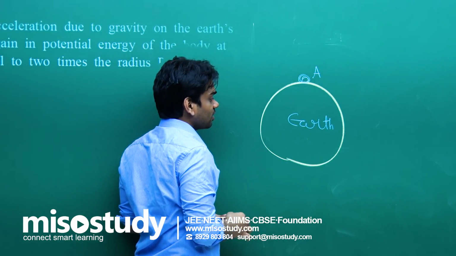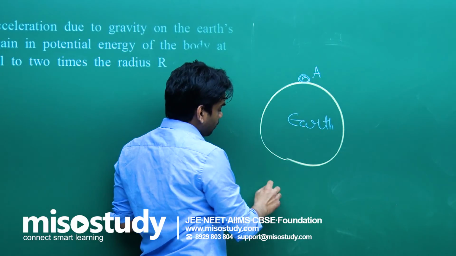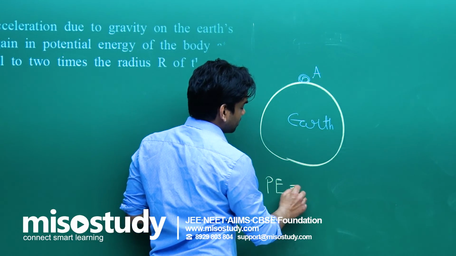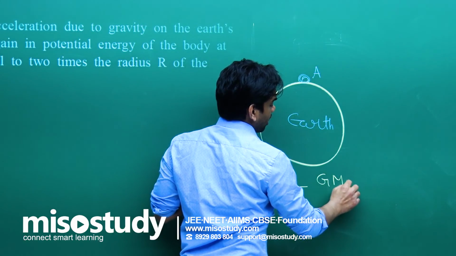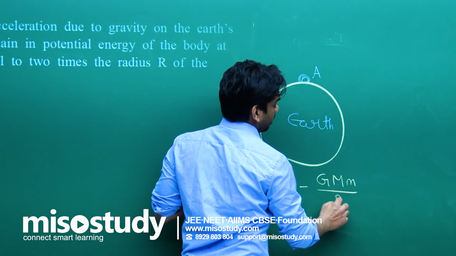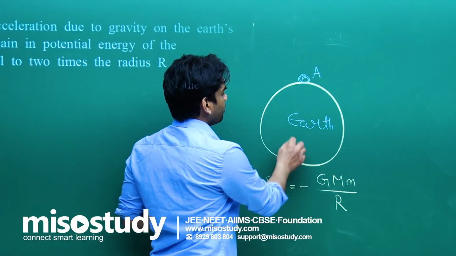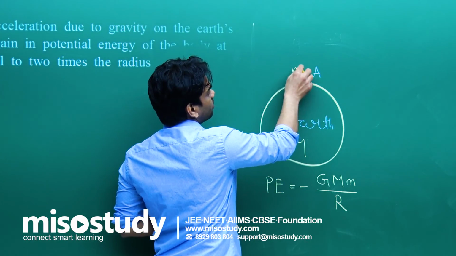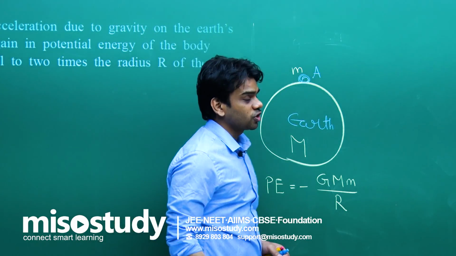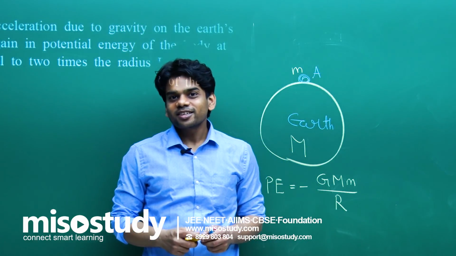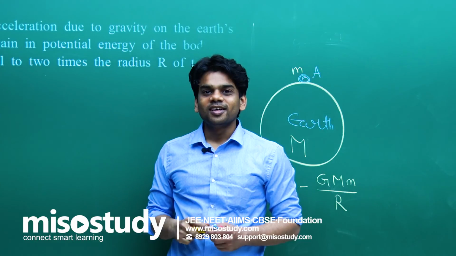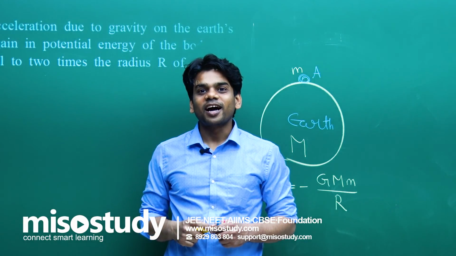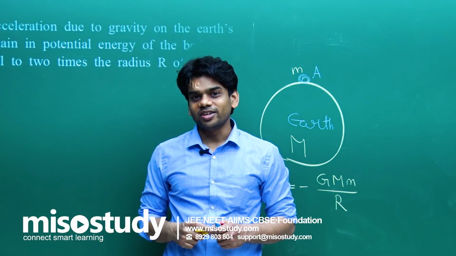We all know that the potential energy is given as minus GMm by R, where M is the mass of Earth and small m is the mass of this body. When it is raised to a height equal to 2 times the radius R, from the center the distance will be total 3R.